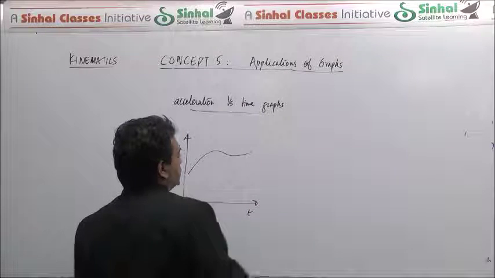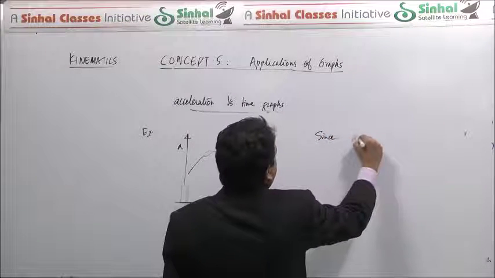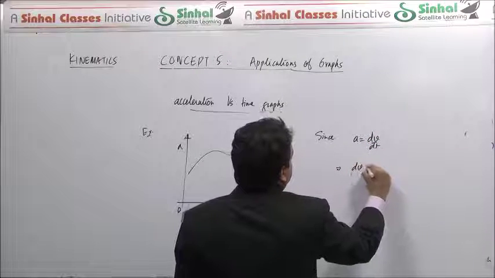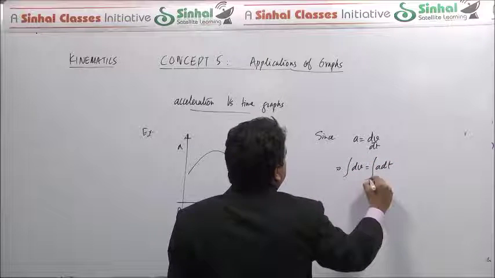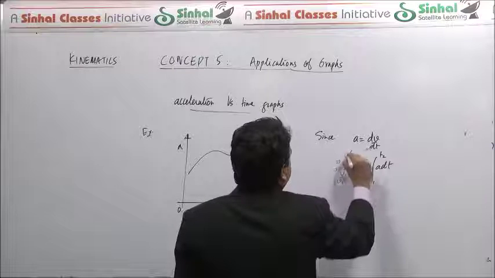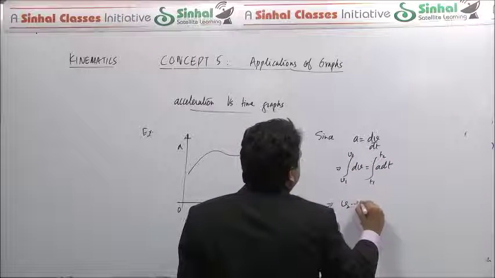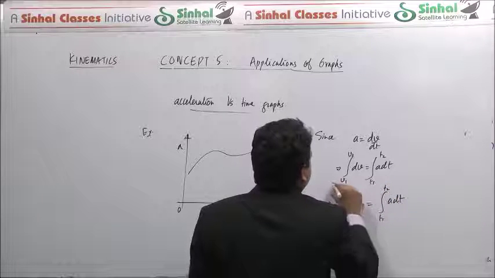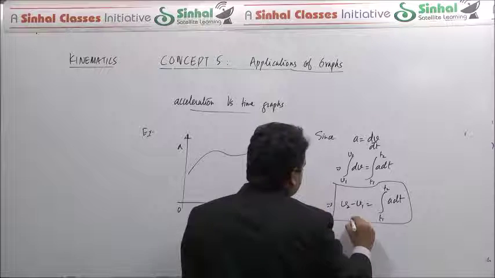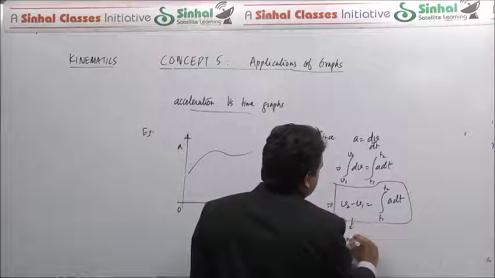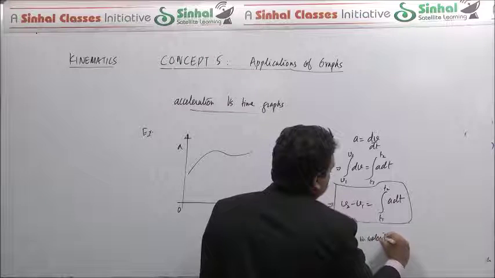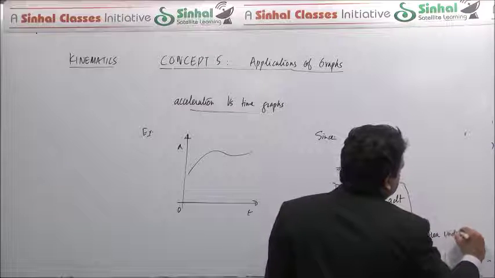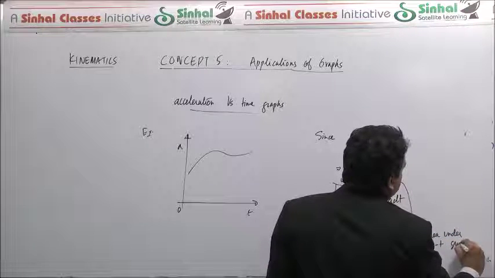So here basically what we can see is that since acceleration is the rate of change of velocity, this equation here tells us that the change in velocity is the area under the A versus T graph.